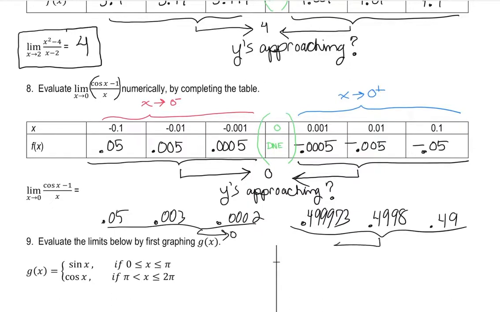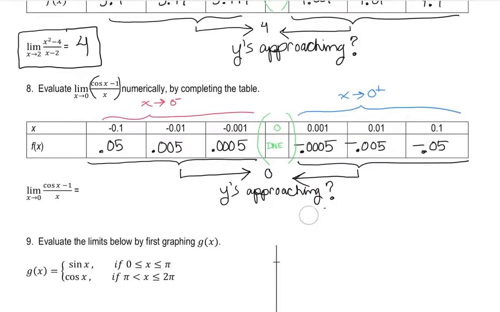These values look like they're approaching from the right, coming into 0.5. Just like before, if you're not coming into the same value, you would say that the overall limit as x approaches 0 wouldn't exist. But in this case, both the left and right values are approaching 0. So this overall limit is 0.